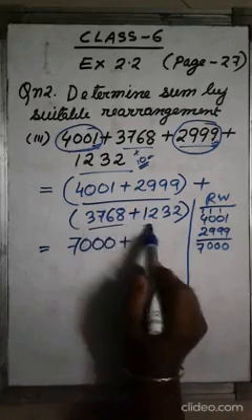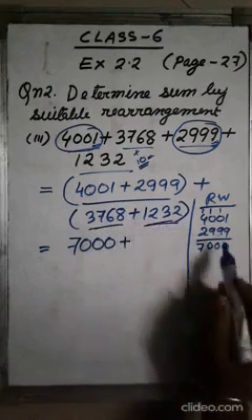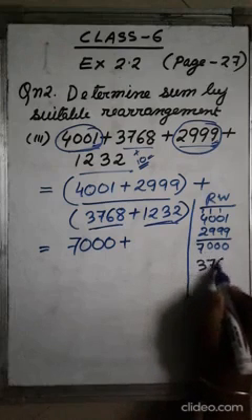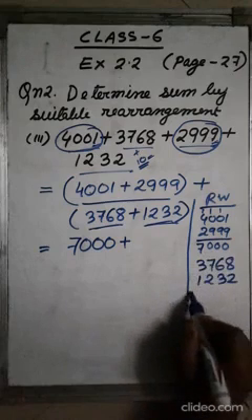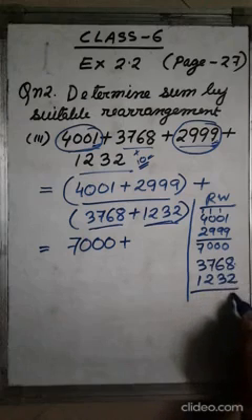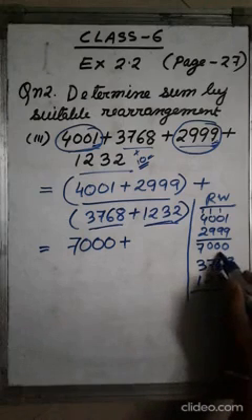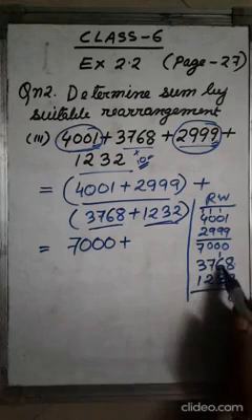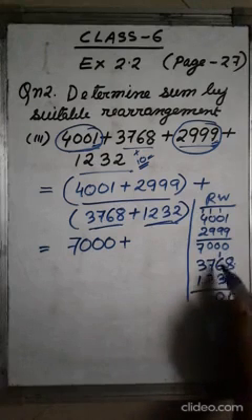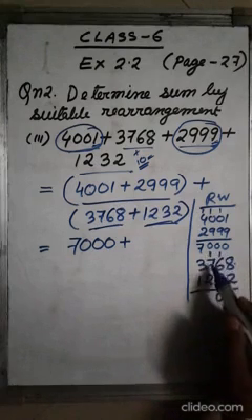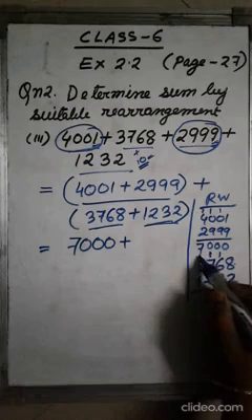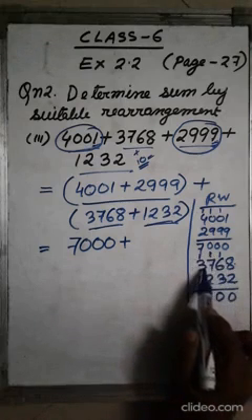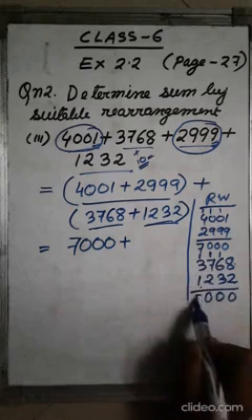Plus, let us add these two numbers, 3768 and 1232. 8 plus 2 is 10, 1 will be carried forward. 6 plus 3, 9 plus 1, again 10, 1 will be carried forward. 2 plus 7 is 9 plus 1, 10, again 1 will be carried forward. 1 plus 3 plus 1, that will be 5.